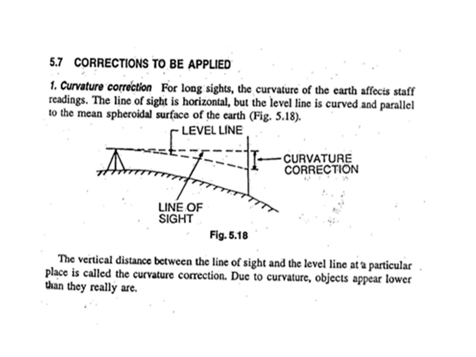And we expect that one should get the staff reading at the second line, that is the level line. So whatever the difference between the two lines, that is the line of sight and the level line, gives you the curvature correction. Therefore, the vertical distance between the line of sight and the level line at a particular place is called curvature correction. Due to curvature, objects appear lower than they really are.